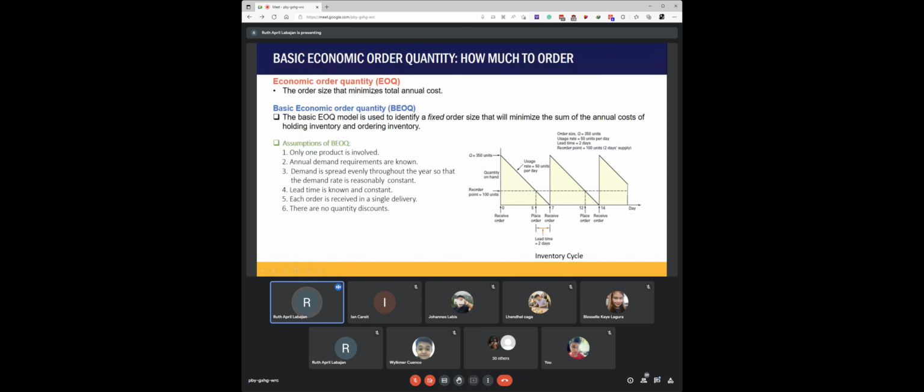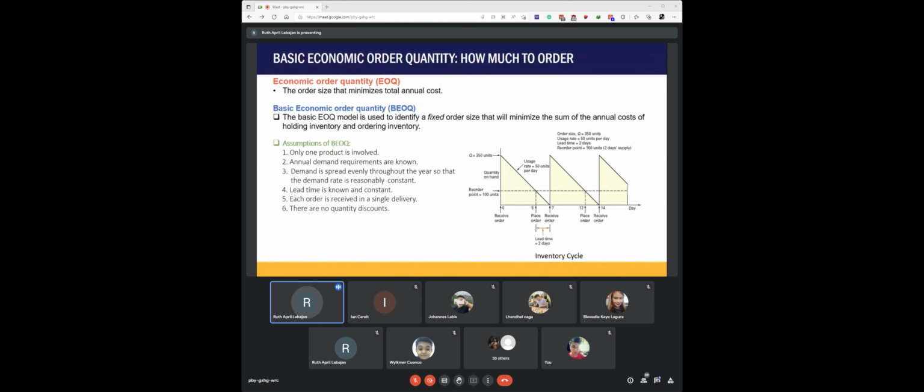Because as I said earlier, when you order, it's associated with the carrying cost and ordering cost. If you order too much, your carrying cost is affected. If you order too little, your ordering cost is affected. So the question is, what is the right amount to order so that the total annual cost is minimal? Minimize the carrying cost, minimize the ordering cost.